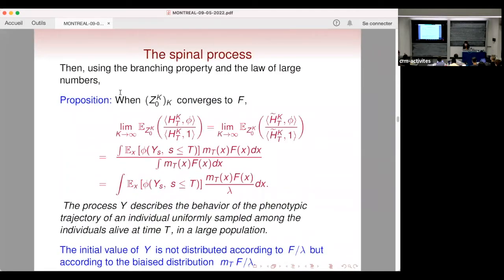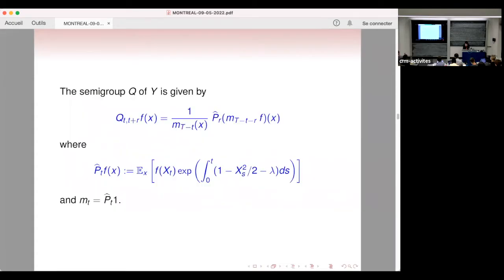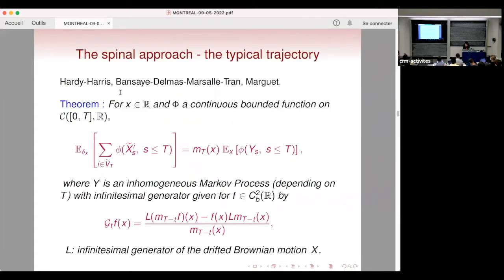So of course, we did that for any x, and now we can come back to our first framework, where we have a population process Z_0^k which will tend to f, the stationary distribution. We are in the branching context.